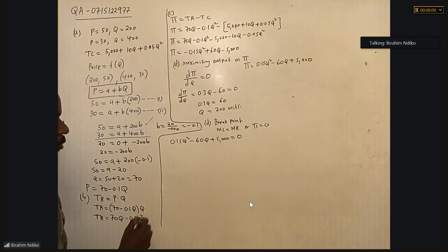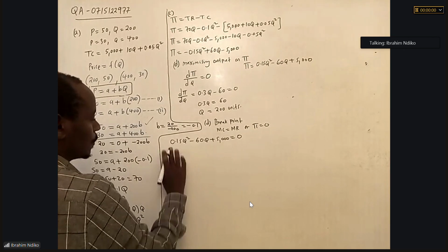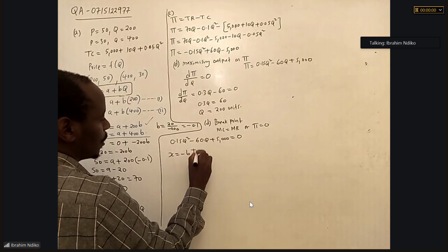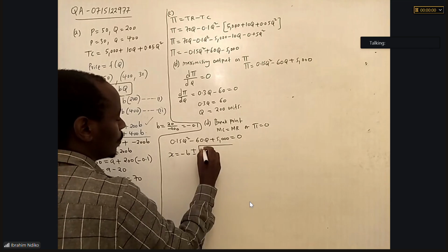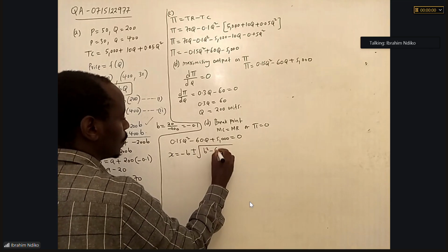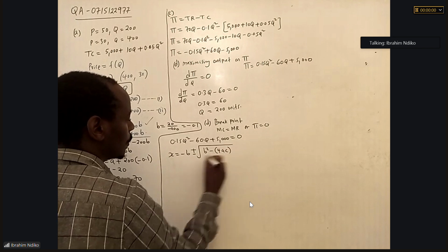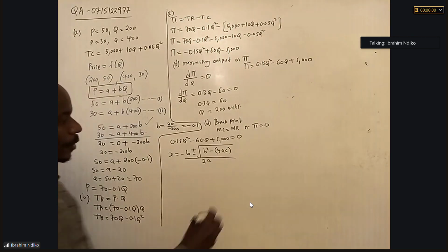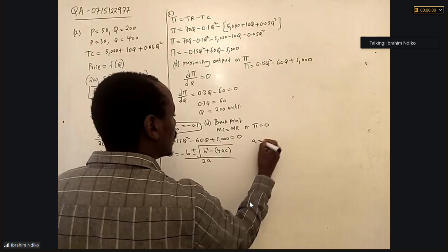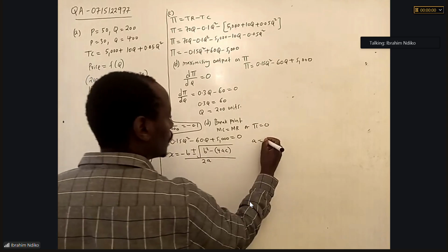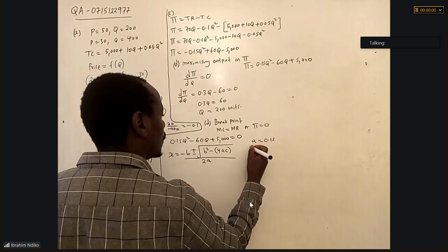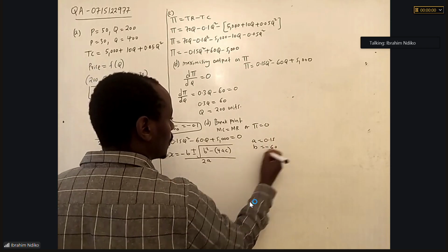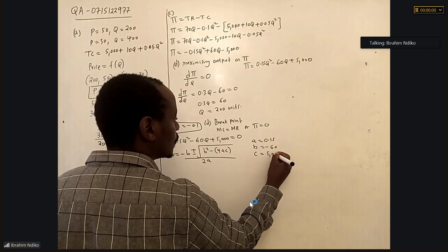Now we need to find it. Use this formula: x equals minus b plus or minus the square root of b squared minus 4ac over 2a. Now a is 0.15, b is minus 60, then c is 5,000.